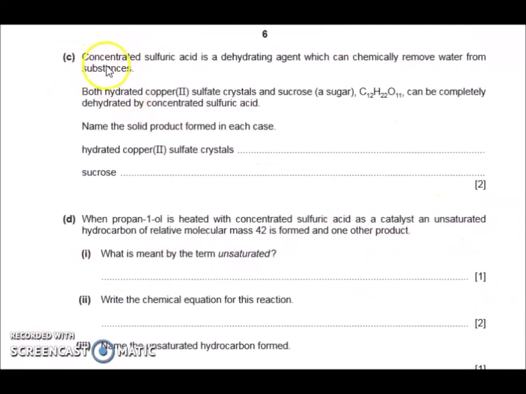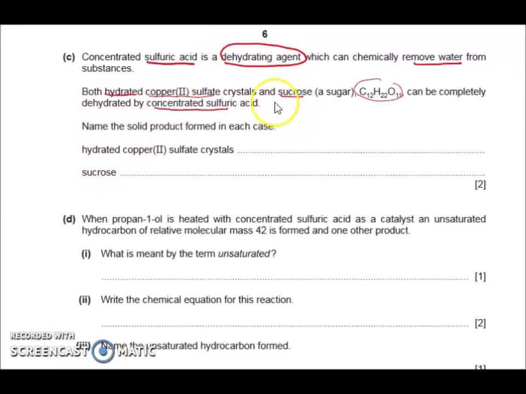Okay, and then for C here, concentrated sulfuric acid is a dehydrating agent. They absorb water, so it can chemically remove water from a substance. Now we have both hydrated copper 2 sulfate and sucrose, which can be completely dehydrated by concentrated sulfuric acid. This is a dehydrating agent.